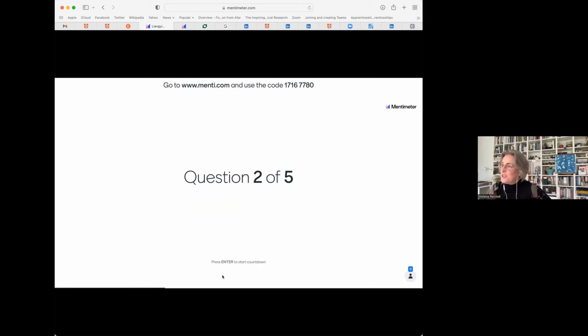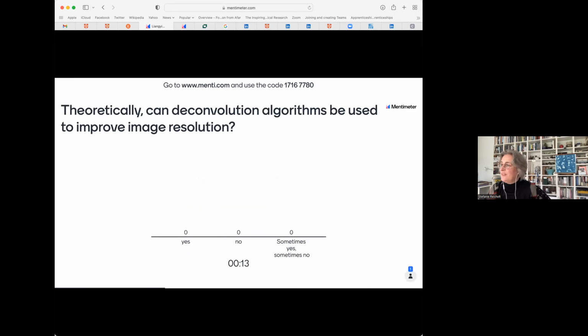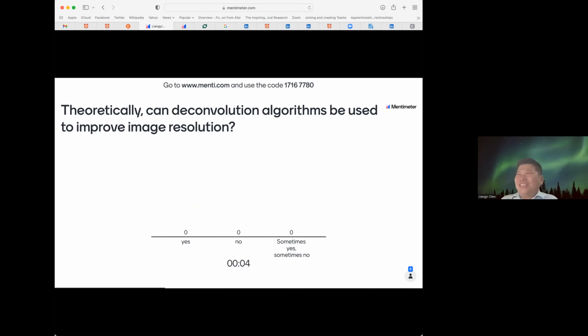So we get question 2. It says answer first. So theoretically, can deconvolution algorithms be used to improve the image resolution? And there's the possibility to say yes, no, and sometimes yes, and sometimes no, which is maybe the safest way out there.